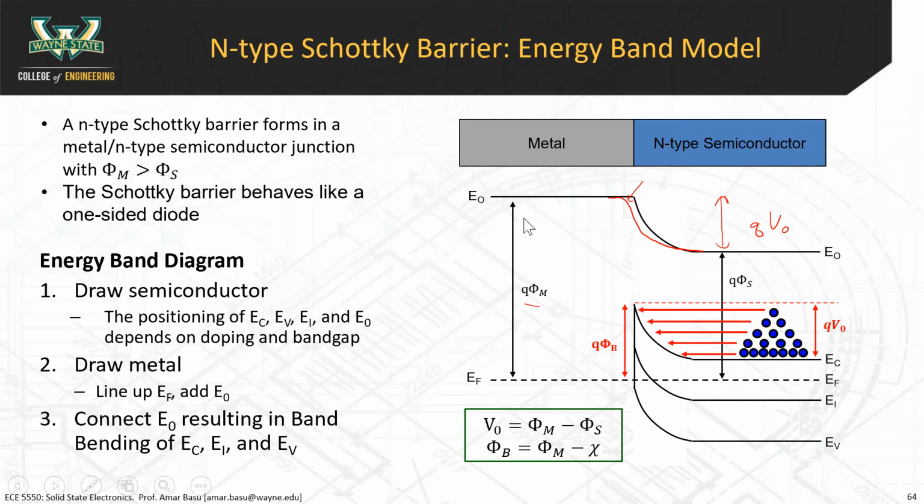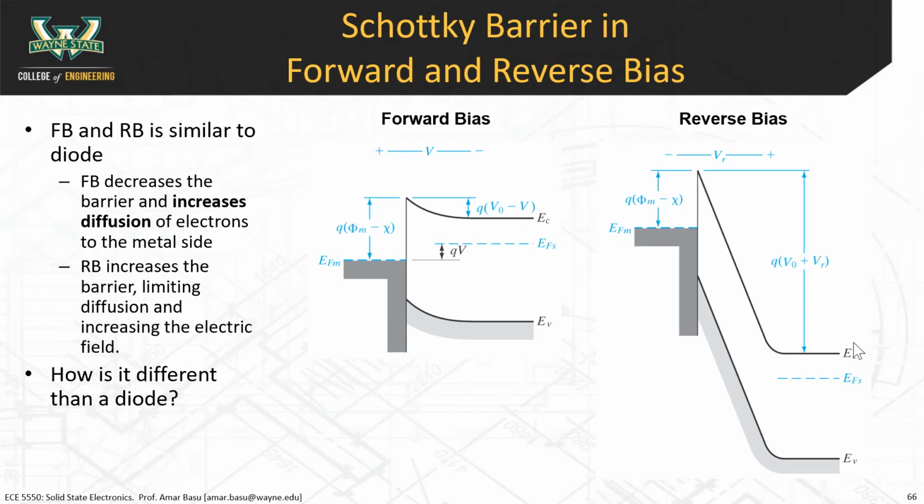So at equilibrium, the barrier formed on this side has an energy difference of q times V0. This gets reduced by however much positive potential you put on the diode. So this becomes q times (V0 minus V).